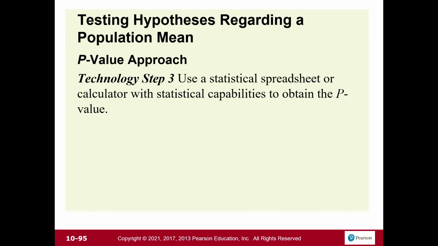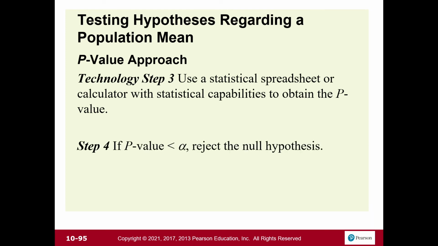All right, now, there's also technology available, and we call this the p-value approach, where you're comparing the p-value to the alpha. So if the p-value is less than alpha, we will reject the null and accept the alternative. We will say that there is sufficient evidence to reject the null and accept the alternative.